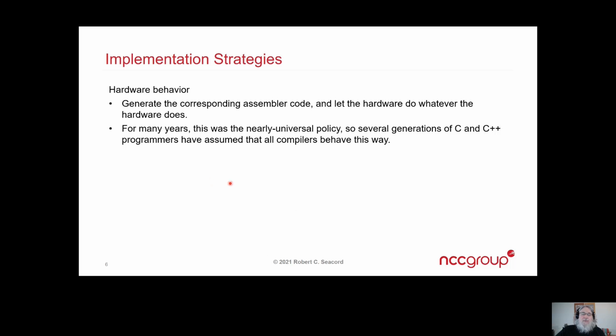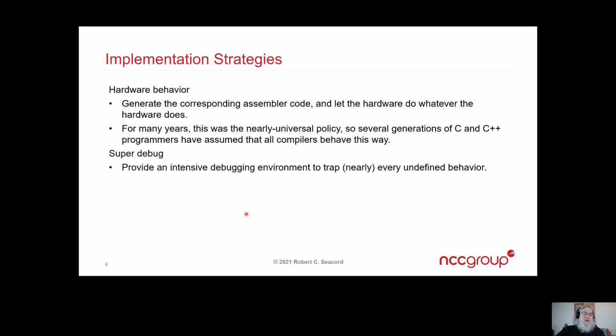So folks who have been programming in C and C++ for some time might just come to the conclusion that that's the way the C language works all the time. There's a super debug model, which provides an intensive debugging environment that will trap every undefined behavior.